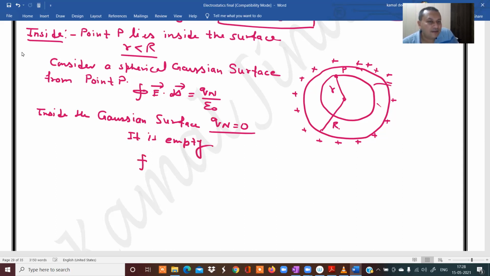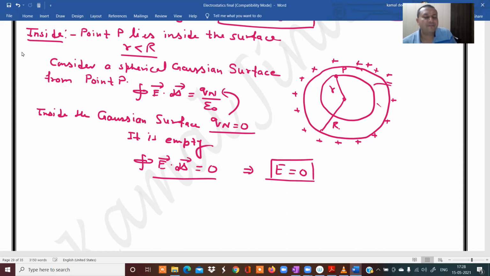So may I write integral of E dot dS equals 0 upon epsilon naught. Put q net equals 0. So it implies that if this value is 0, then E equals 0. So the electric field is 0 inside the charged hollow sphere.